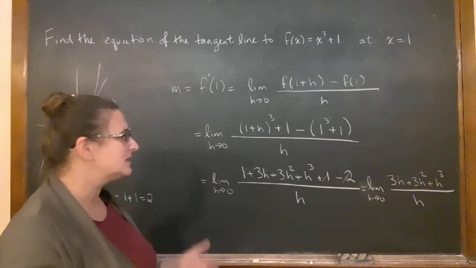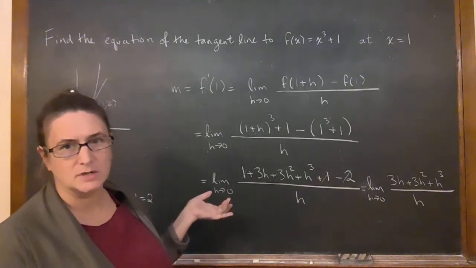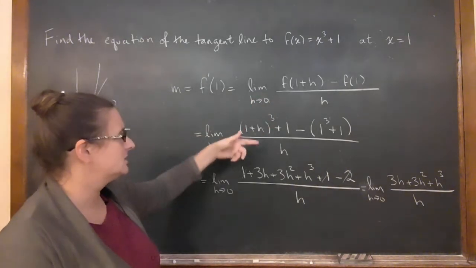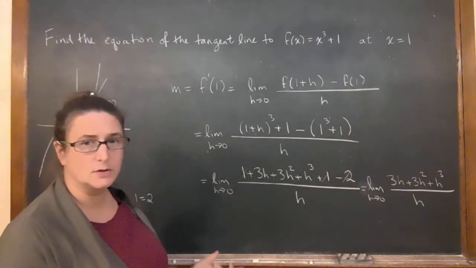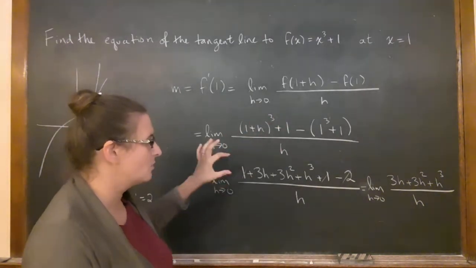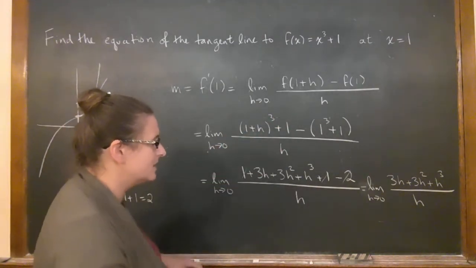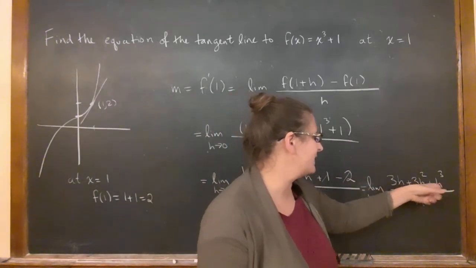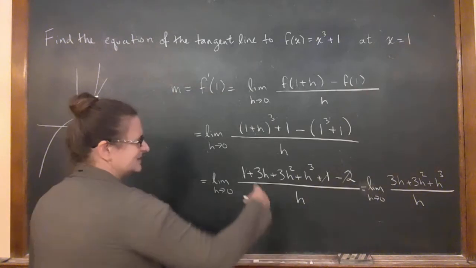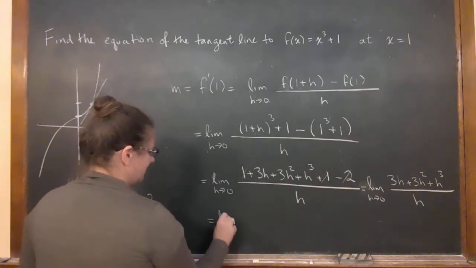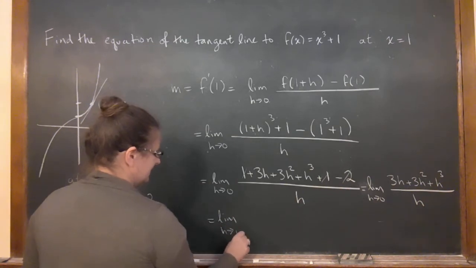Now, notice that just like all those examples we did last week, if I put in h equals 0, I'm going to end up with a 0 over 0. So I know that I still need to do a bunch of work to evaluate my limit. But now at this point, I can factor out an h from everything in the top because the constants canceled out.